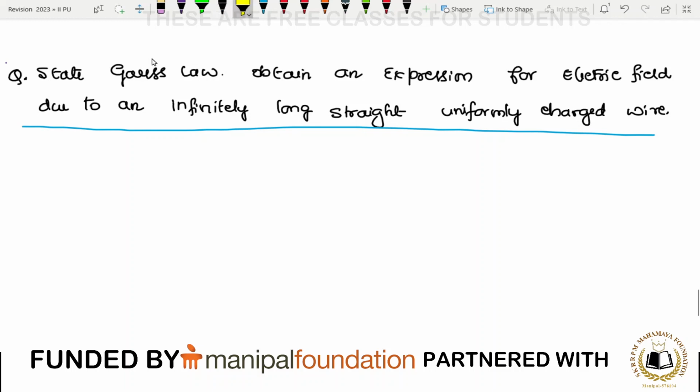The first question asked here is, state Gauss law. You already know the statement. For revision purposes, just write that one statement. So what does the Gauss law say?